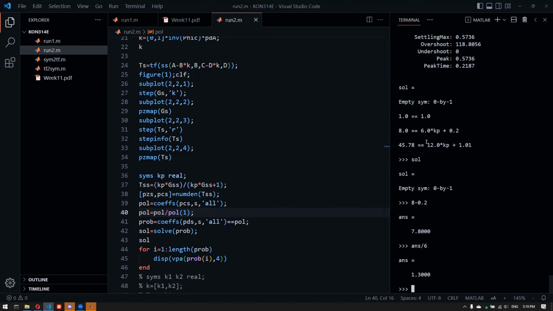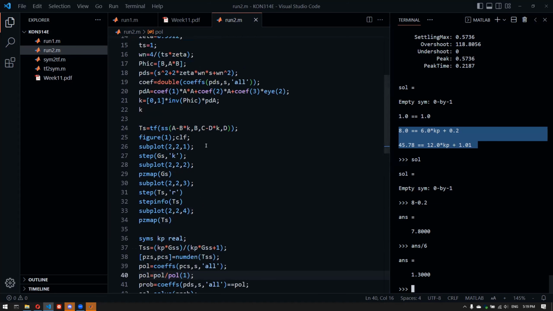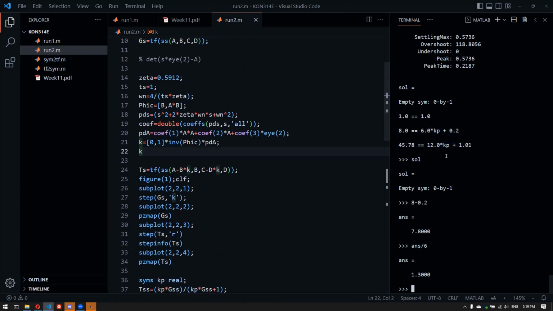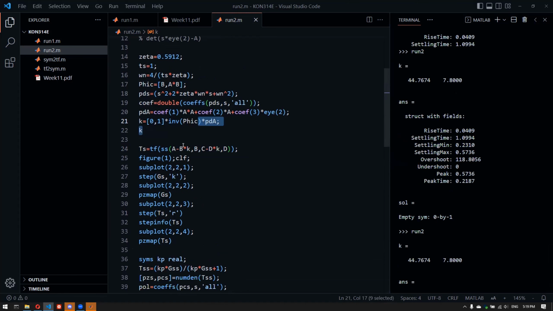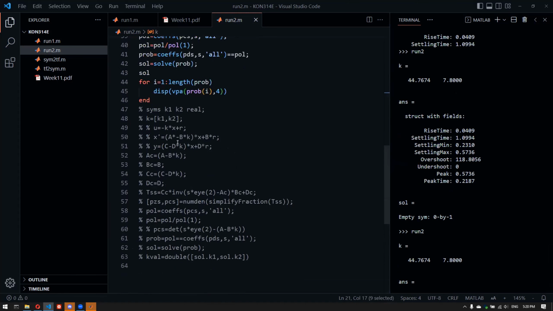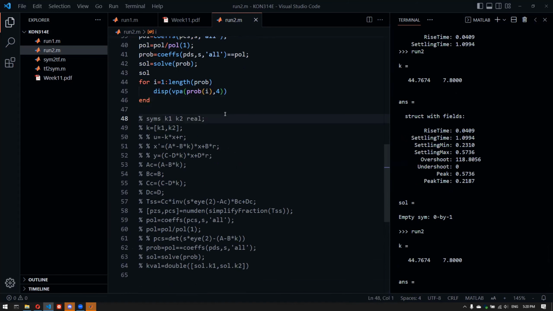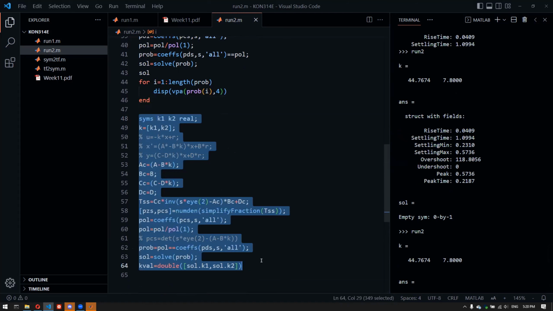But 1.3 times 12 plus 101 doesn't add up to 45.78. So they kind of prevent us from having the solution. Whereas the state feedback controller in this case has a solution for it. And we've seen what the reason behind that might be, because we have two coefficients and because they appear in a certain place.